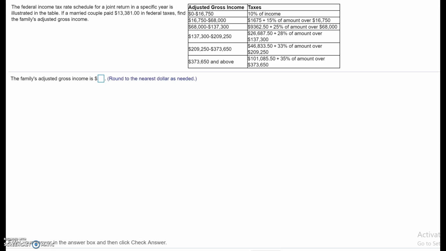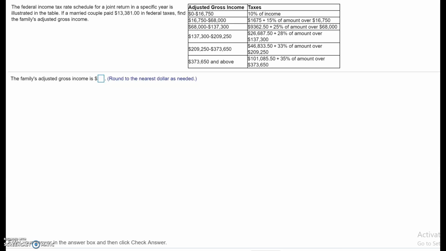So $13,381 is not very close to, again, we're using our approximating or estimating skills that we learned in section 1.2. $13,381 is not very close to $1,675. $13,381 is closer to $9,362.50 than it is to $26,687.50.